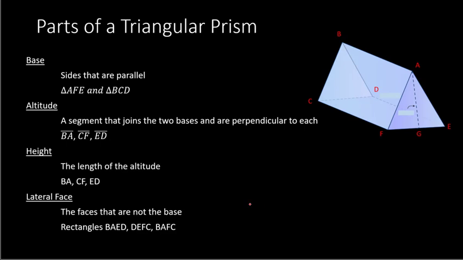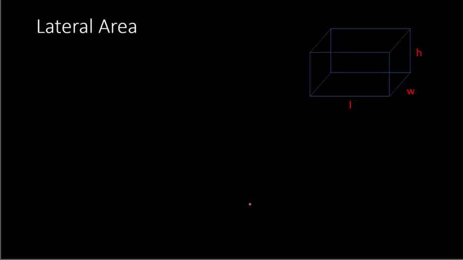So what is the lateral area? Well, lateral area is the area of the lateral faces. And that's why it's important to know the terms, because lateral faces would be the sides that are not the bases. So for a rectangular prism, it would be the left and the right side, and the front and the back all put together, not including the top and the bottom. So we're trying to find the area of all those faces put together.